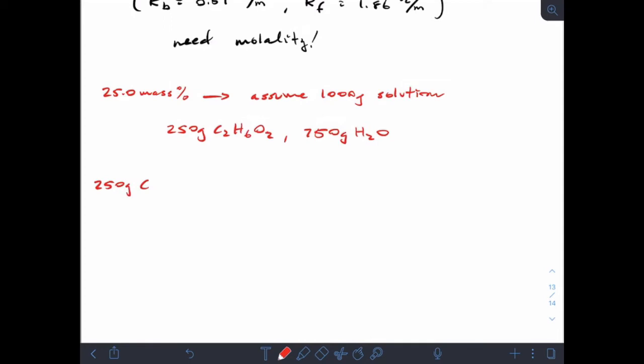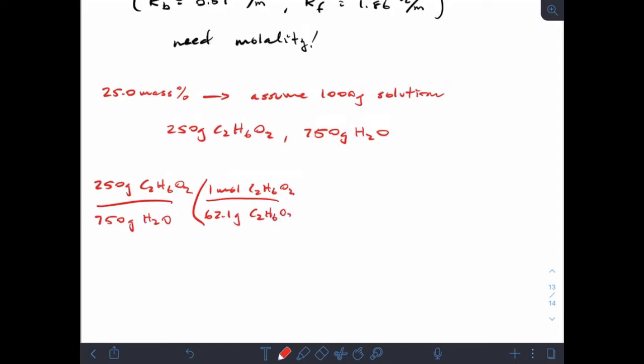Okay, so we have 250 grams of the ethylene glycol per 750 grams of H2O. All right, so let's convert to moles of ethylene glycol. And that's 62.1 grams. Okay, so if I stopped here, I would have moles per 750 grams of water.